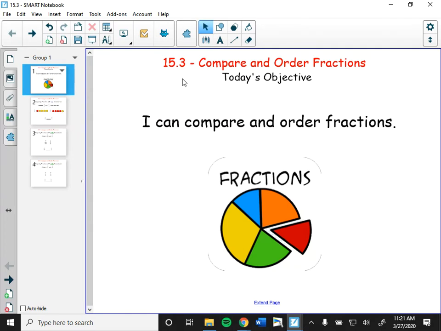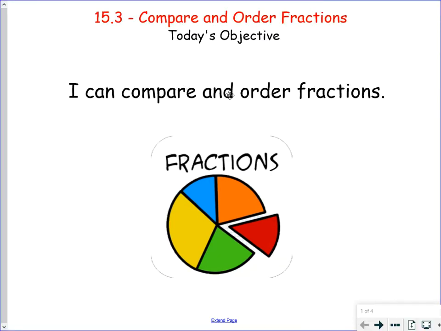So today's objective, our learning goal, is I can compare and order fractions. By comparing and ordering fractions, we are trying to figure out which fraction is the larger of the two or the smaller of the two.